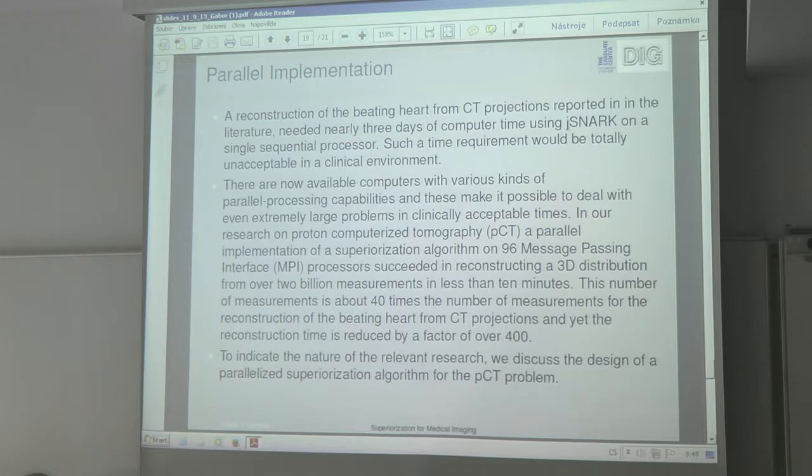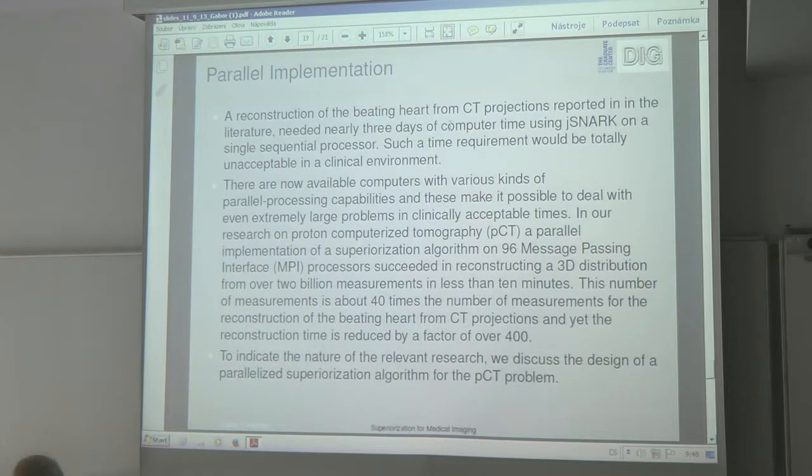And I used a piece of software called JSNARC on a single sequential processor, and the reconstruction that I report on in the 2009 book took 3 days to produce on my single processor, not a particularly powerful one. But clearly, such times are totally useless in a clinical environment.